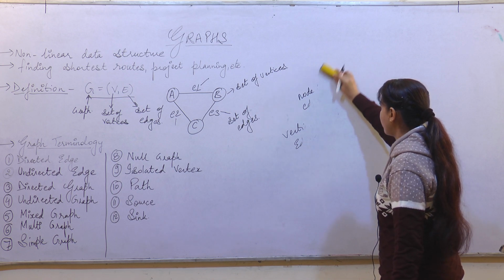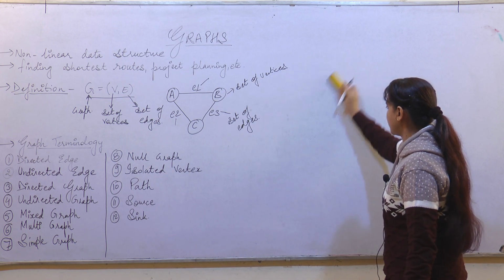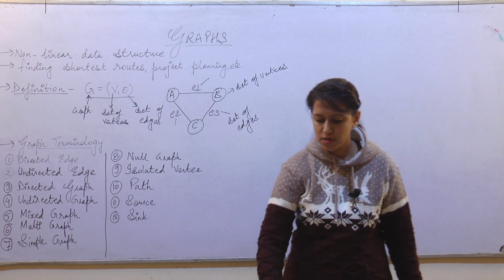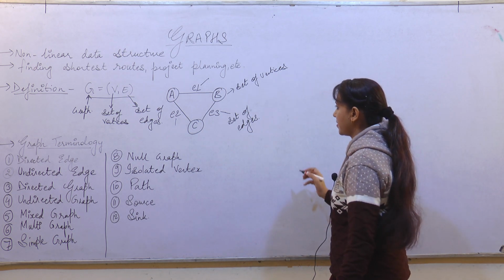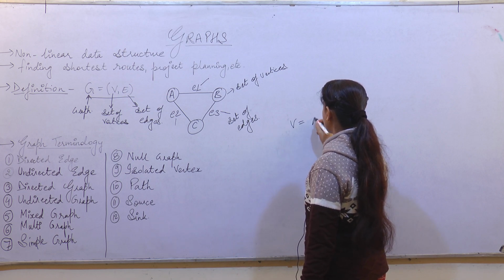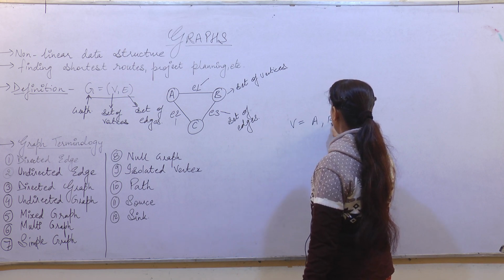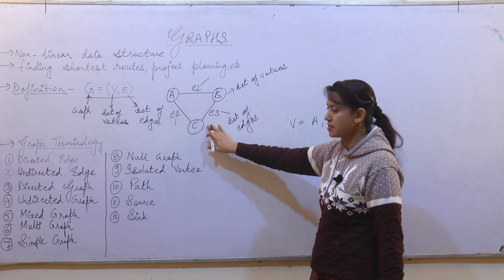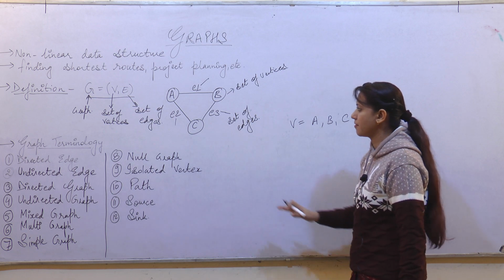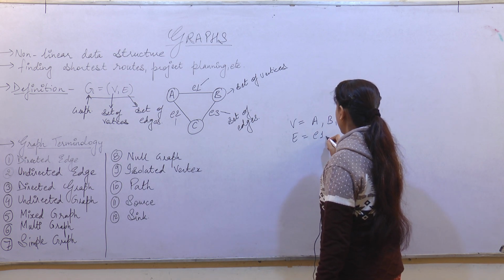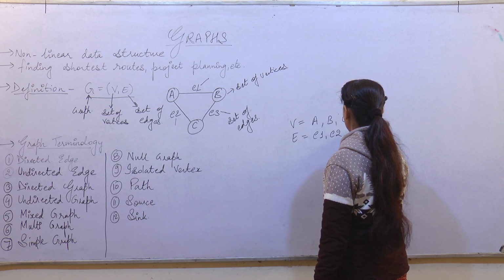Now let's see how we can denote the graph. Here we have vertices equal to A, B and C. These are our three vertices in this given graph. Edges are E1, E2 and E3.